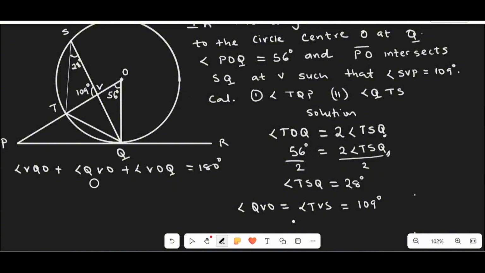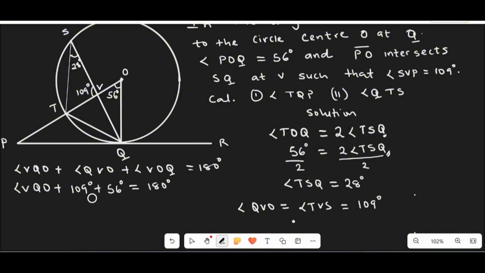Let us substitute angle QVO and angle VOQ. Angle QVO is 109 degrees and angle VOQ is 56 degrees. Angle VQO plus 109 degrees plus 56 degrees equal to 180 degrees.